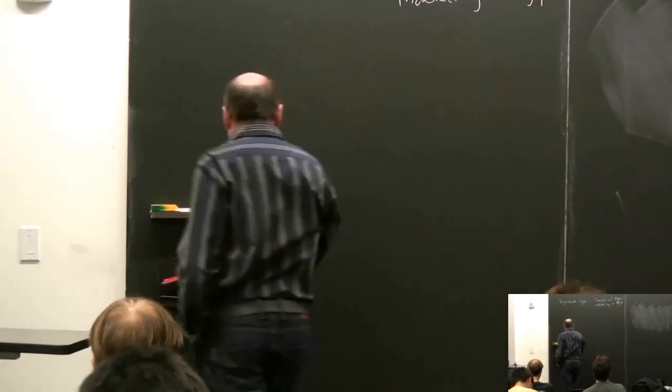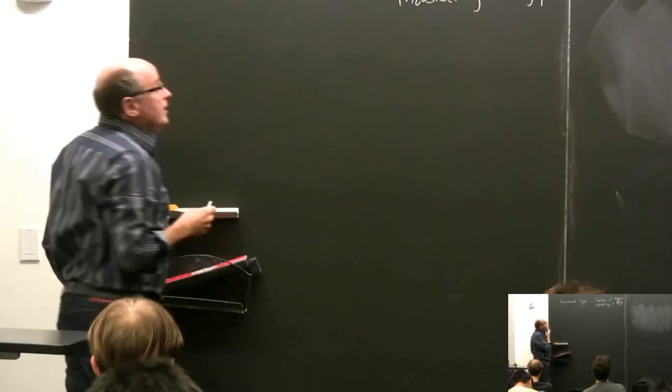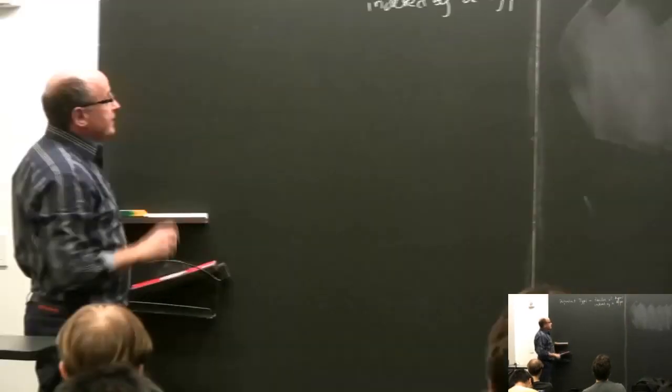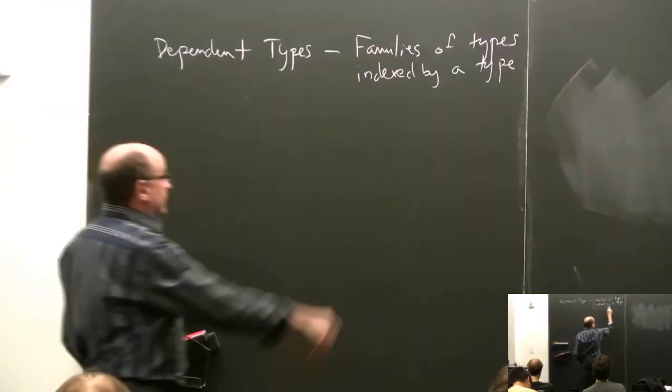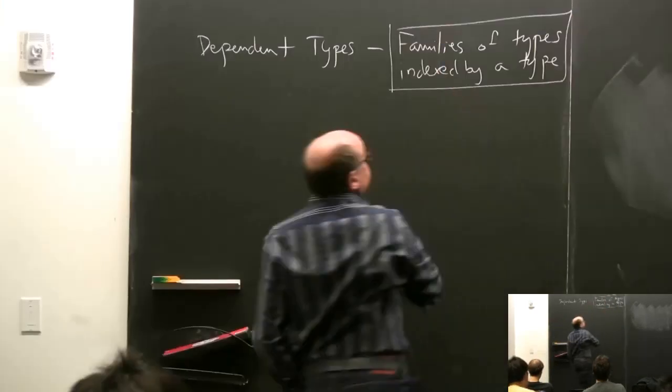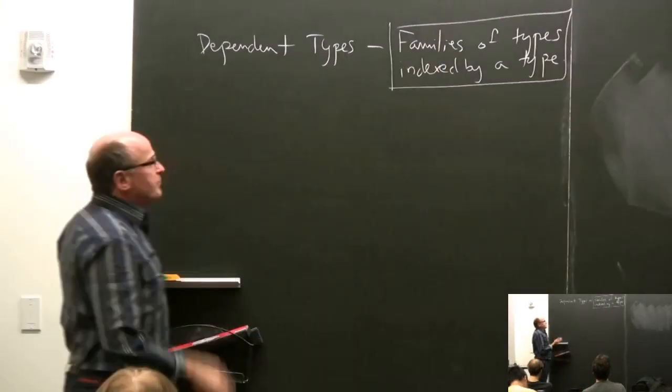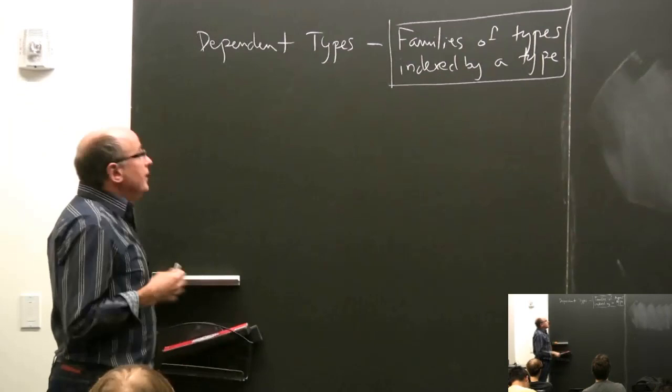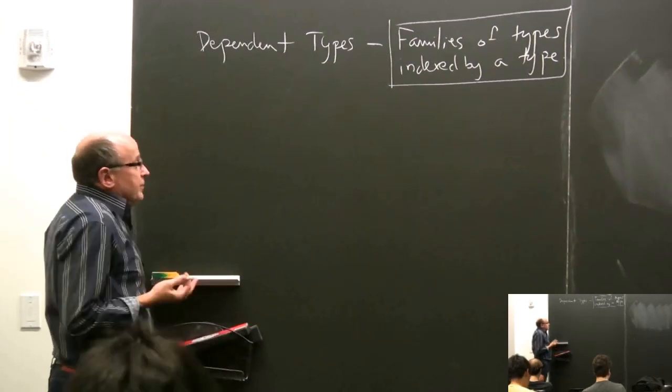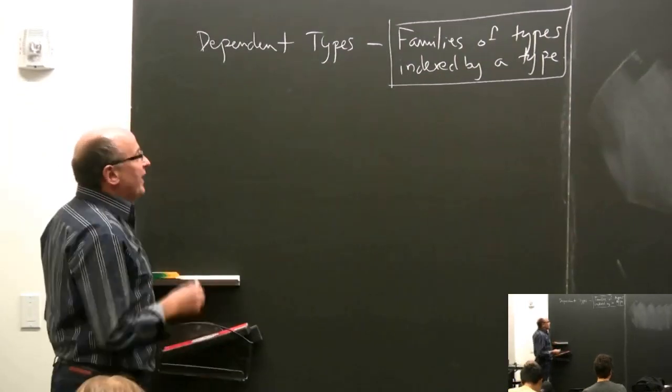We're going to talk a little bit about that today. But in order to set that in more detail, because this is the big concept, this is what makes dependent type theory.